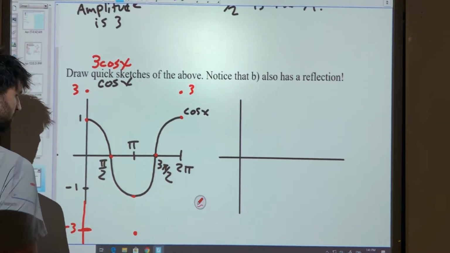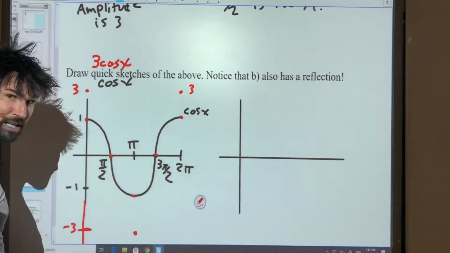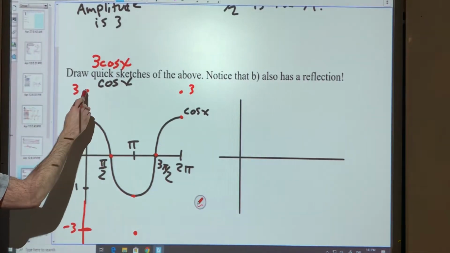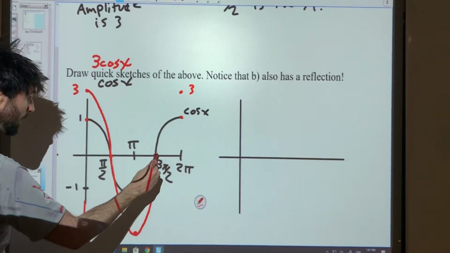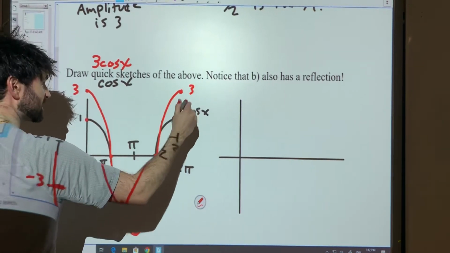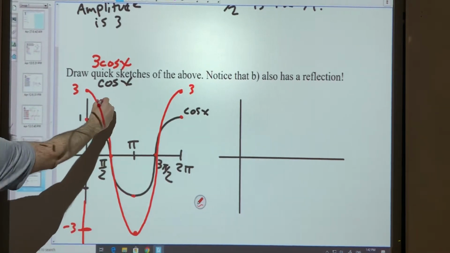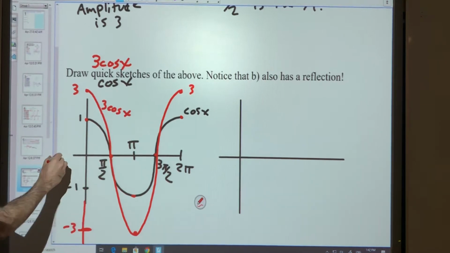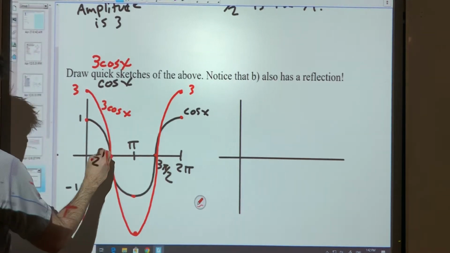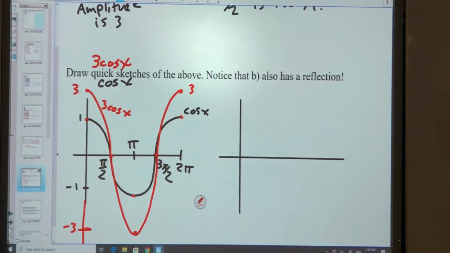These points where y equals 0 just stay the same. So now when I do my sketch, it's going to look like this. And there it is, 3 cos x. As you can see, the center line didn't change. Amplitude is still from 0 all the way up to the maximum, which is 3.